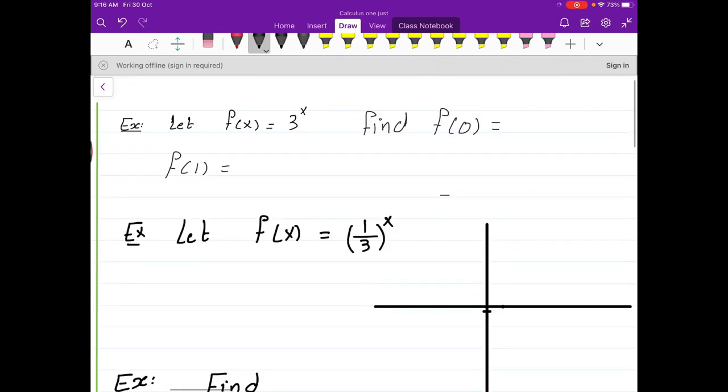Now, if we consider the function f of x equals 3 to the power x, obviously f of 0 equals 1, f of 1 equals 3, f of 2 equals 3 squared. Here b equals 3.